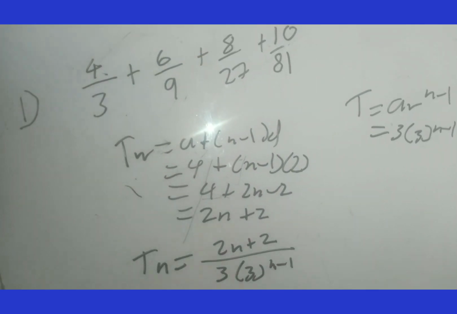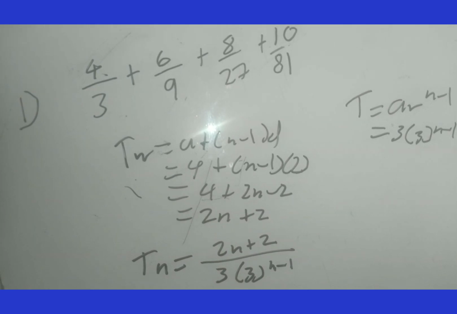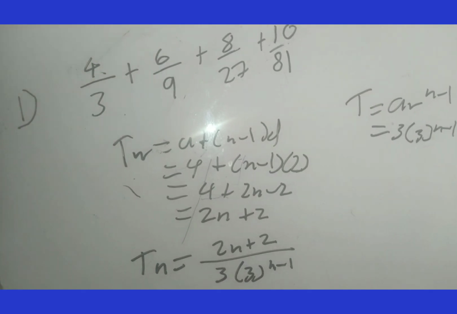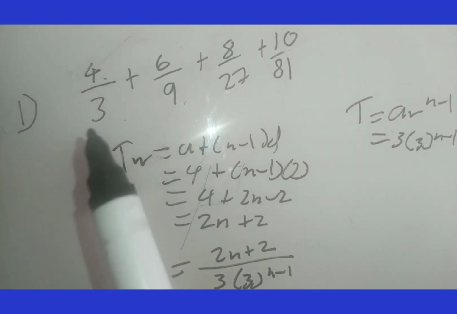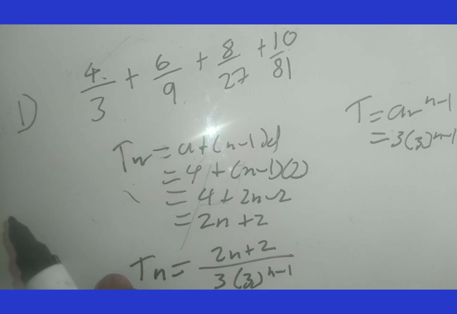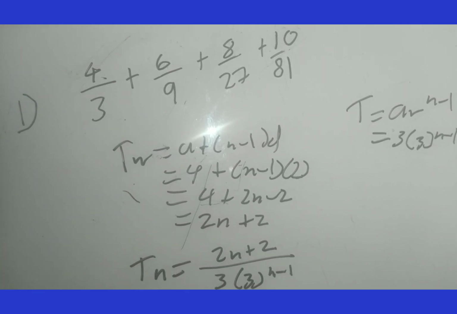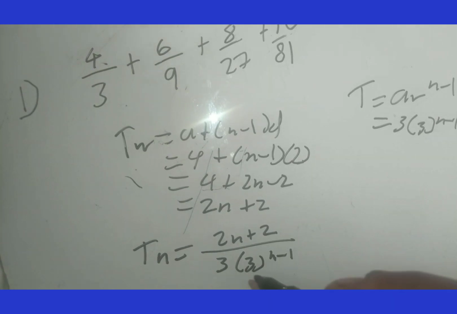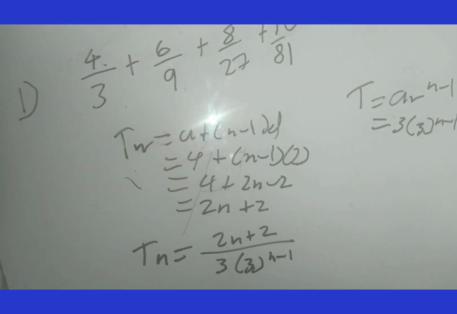Whenever we have a fraction, we find the formula of the numerator and put it on top, and the formula of the denominator and put it at the bottom. This is how you come up with the general term.